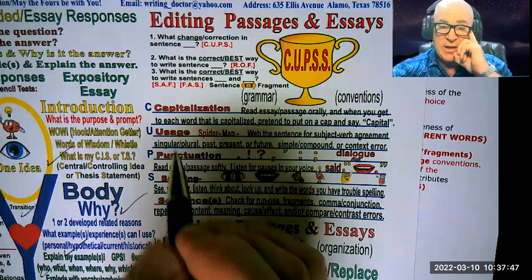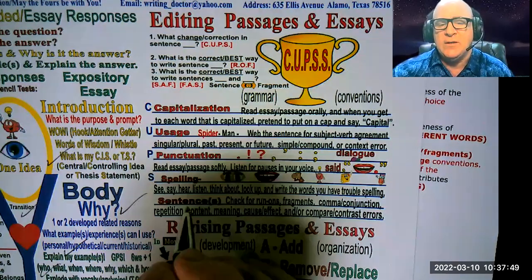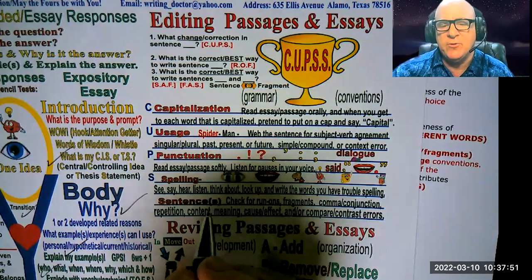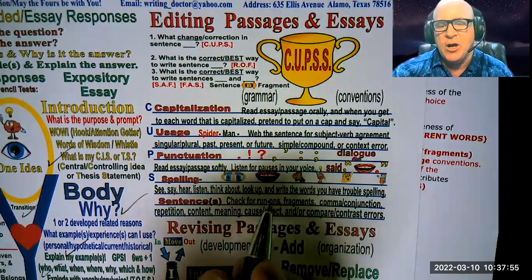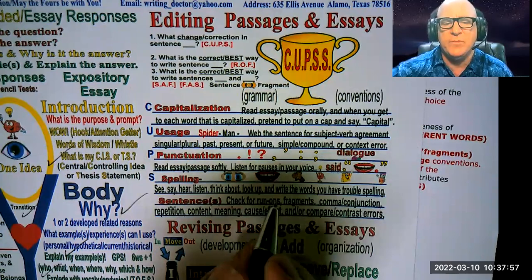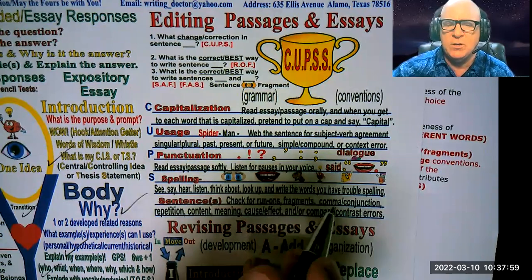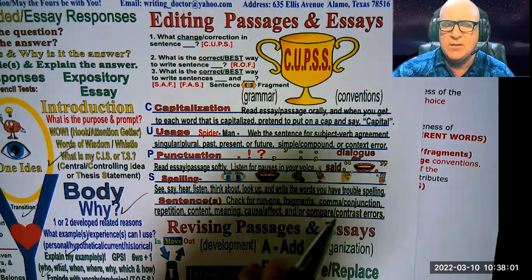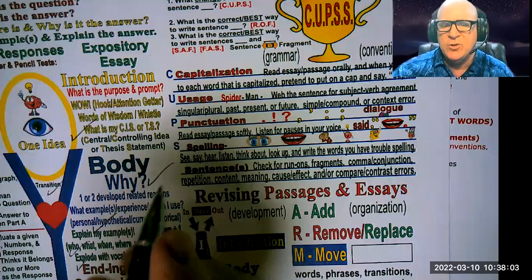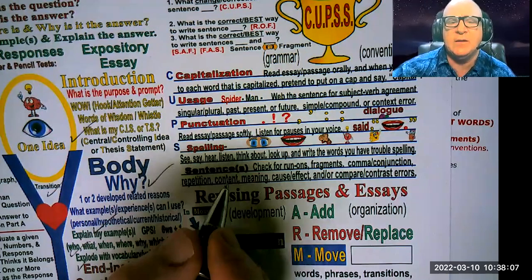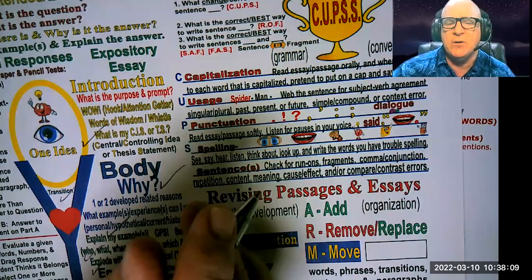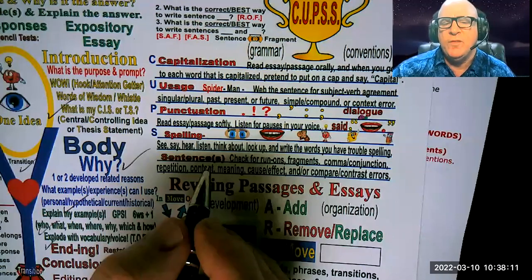So what they're saying is you need to have good control of sentence boundaries where you check for run-ons, fragments, comma conjunction problems, look for repetition problems, content problems. Don't write sentences that don't have anything to do with the content that you're trying to get across to the reader. Remove the meaning.